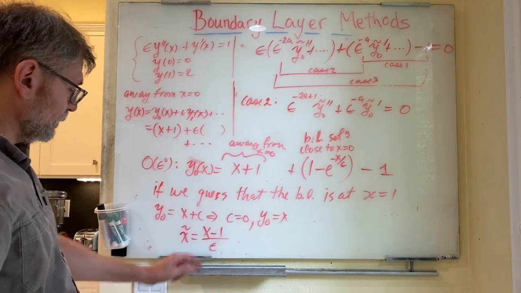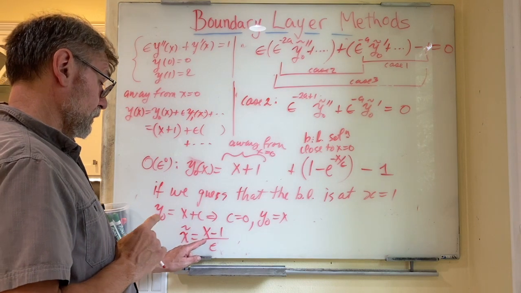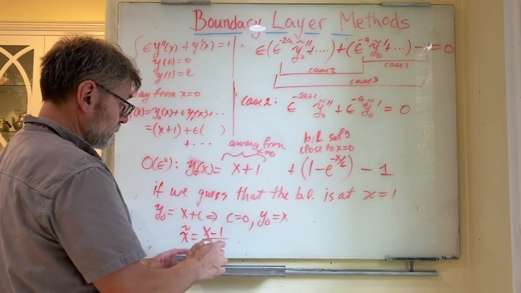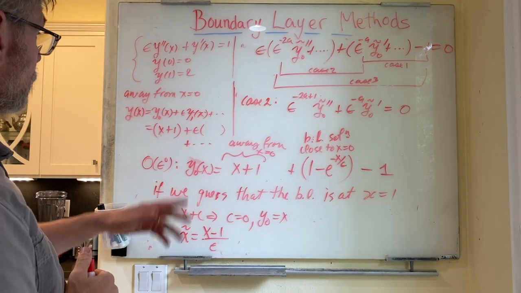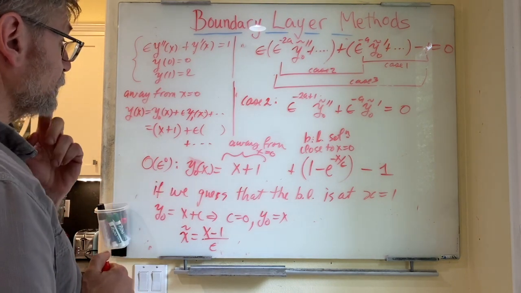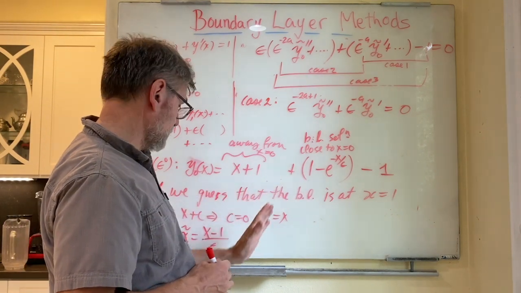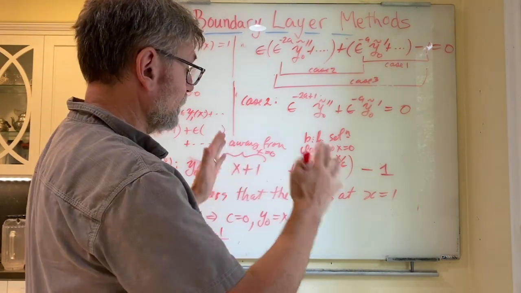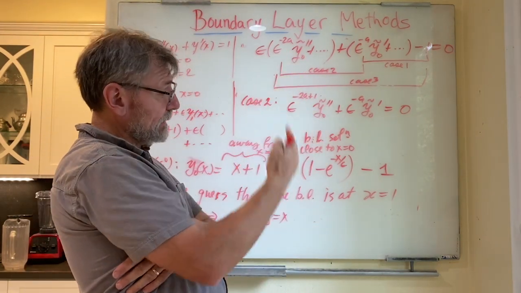We just shift it over so that this number is small when we're close to 1 instead of when we're close to 0. And now if we go through the analysis and try to solve, we'll be able to find the solution to order epsilon to the power 0. We'll be able to satisfy the boundary condition at x equals 1.